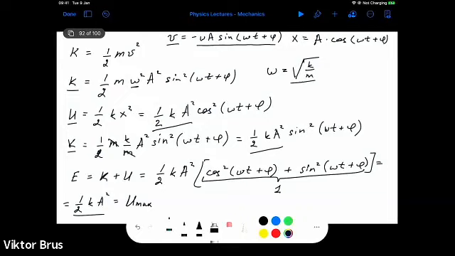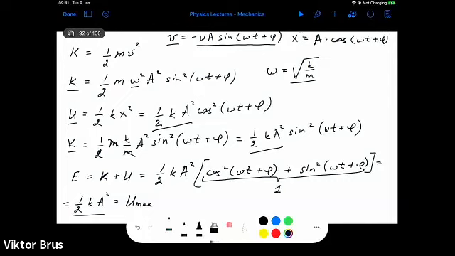And this is another important feature of this simple harmonic motion. Of course, this is true only in the isolated system when we don't have dissipation of energy because of friction. So if friction is there, I hope we will have time to consider oscillations with some friction.